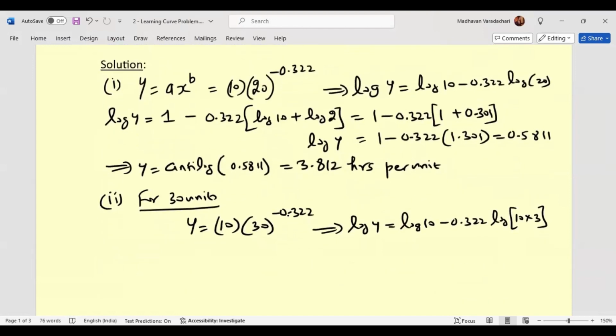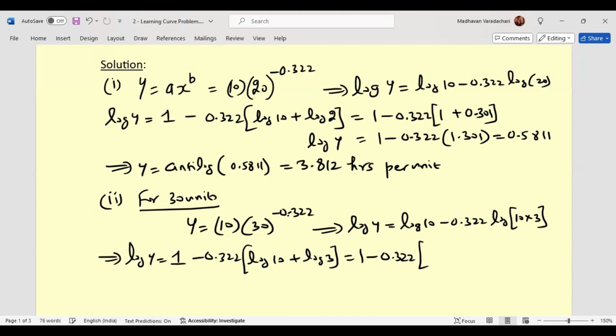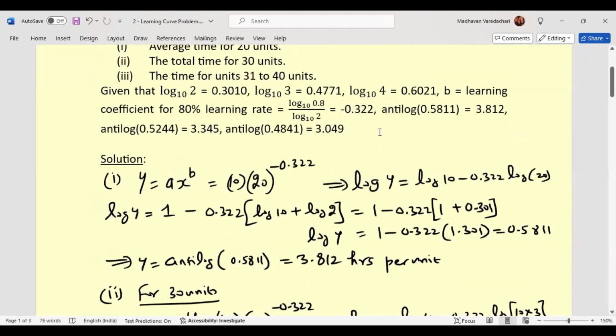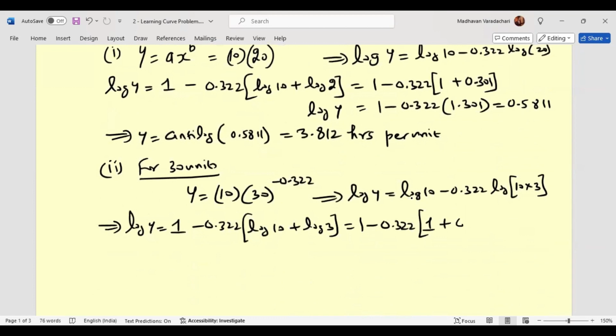So that can be split now, which means logarithm of y is log 10, which is 1, minus 0.322 times, we can split this as log 10 plus log 3. Log 10 is 1. Log 3 is given in the question as 0.4771. So this together becomes 1.4771 multiplied by negative 0.322, then adding 1.